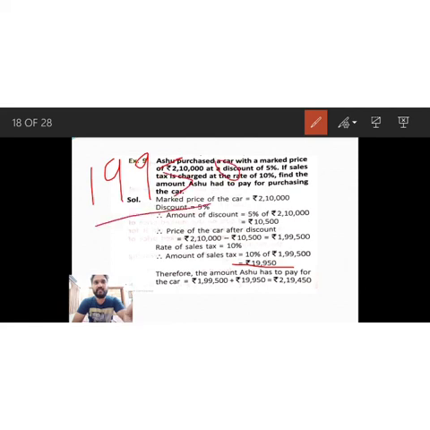So just divide by 2. 9s are 18. 7s are 49, 5s are 25. Okay, so 9,975 rupees goes to the state government and another 9,975 rupees goes to the central government.